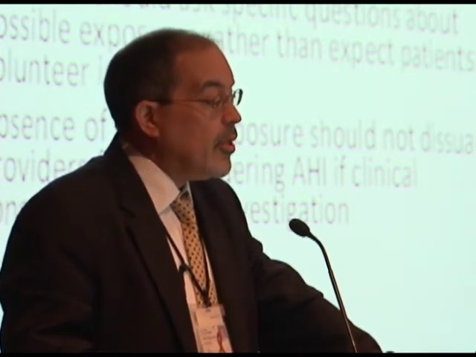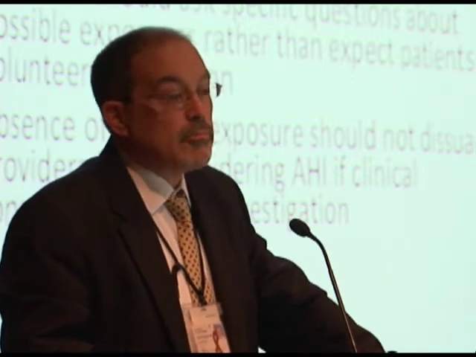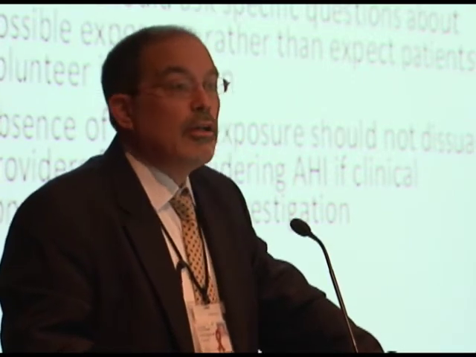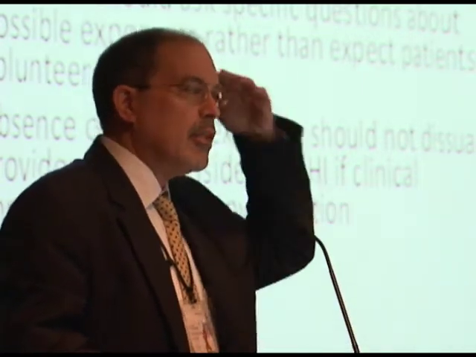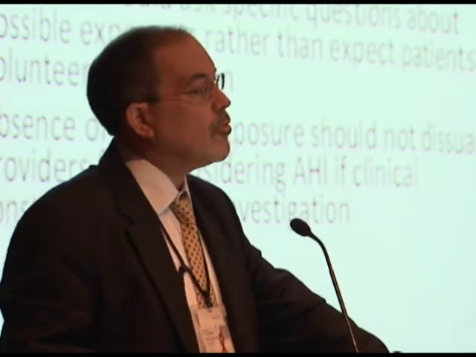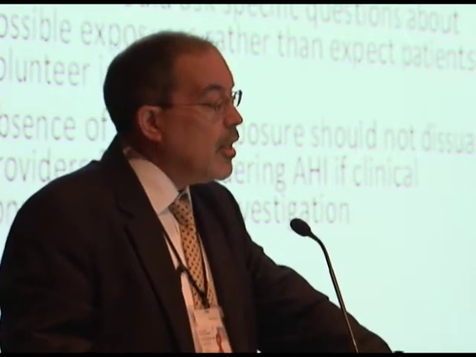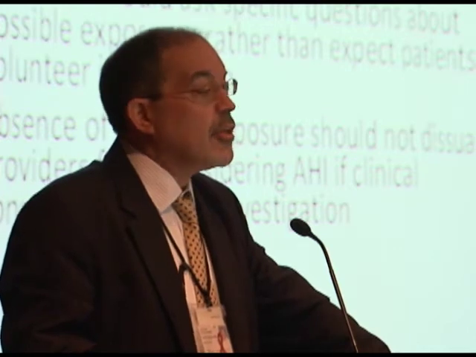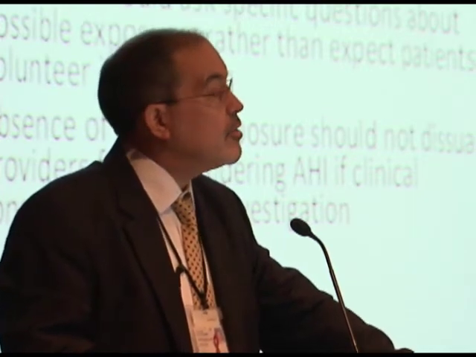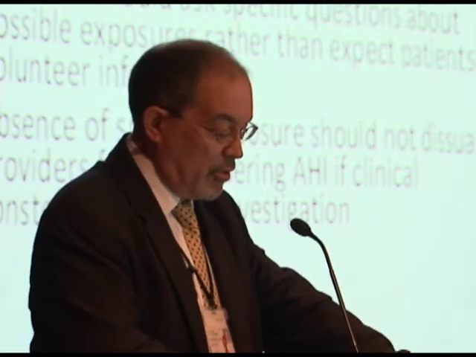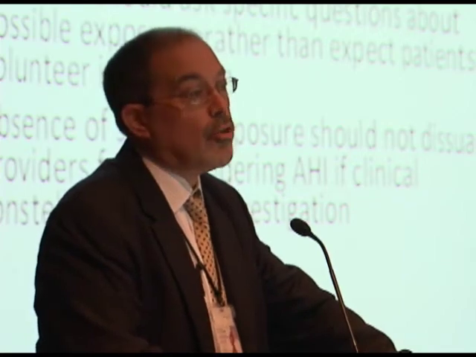We could ask specific questions, but patients themselves may not even be aware of the risk, or it might be something that they didn't think about, or was done in passing. So the lack of a specific exposure history should not dissuade us from doing the screening for HIV, especially if they have a clinical syndrome that's consistent.